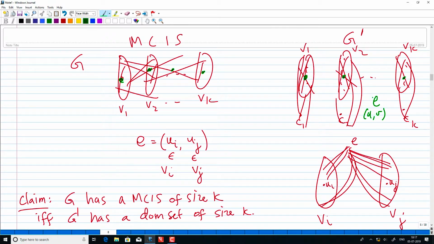So maybe this was u, maybe this was v, and the way we constructed our graph, remember we made sure that this edge is not adjacent to u and not adjacent to v, right? So maybe whatever you picked from the color class is not dominating E. Can that happen? Why not? Because if that happens, that means that u and v are adjacent.